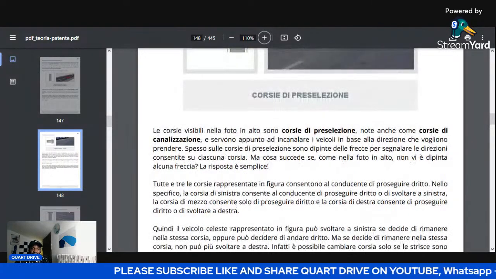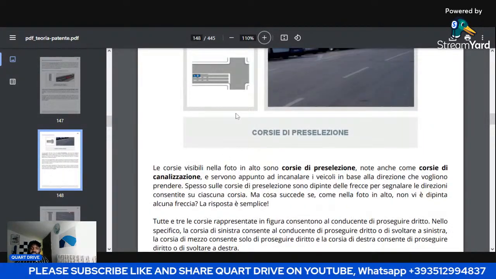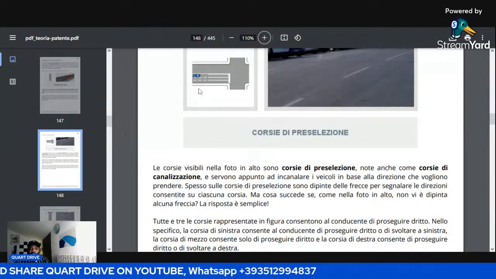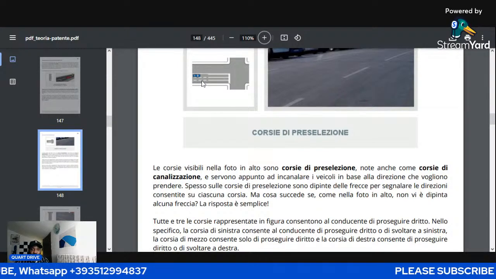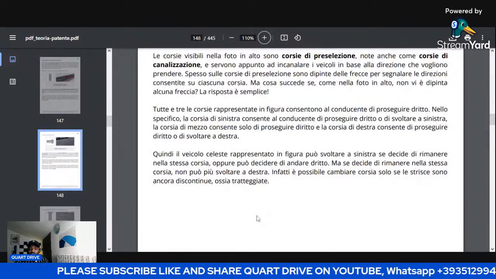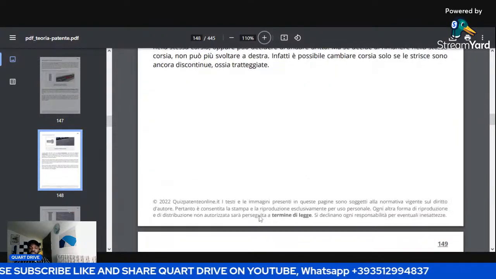That is what I said initially. At this point here, you can go straight or you can go left or you can go right, depending on what you have pre-selected initially before getting to where these long lanes are. This is called linea continua. So that is segnale di preselezione.